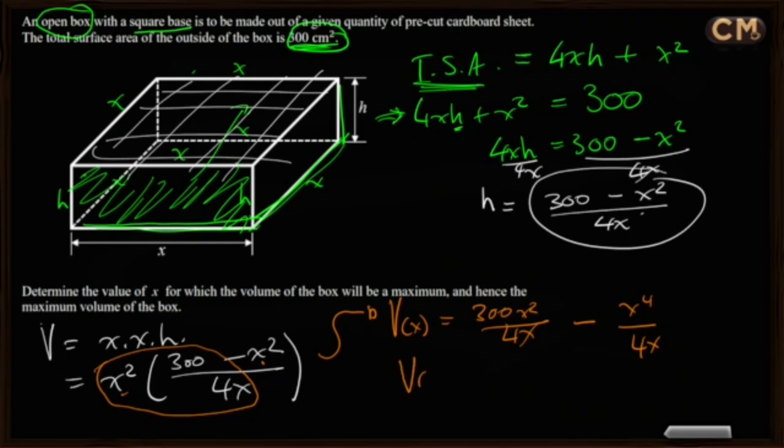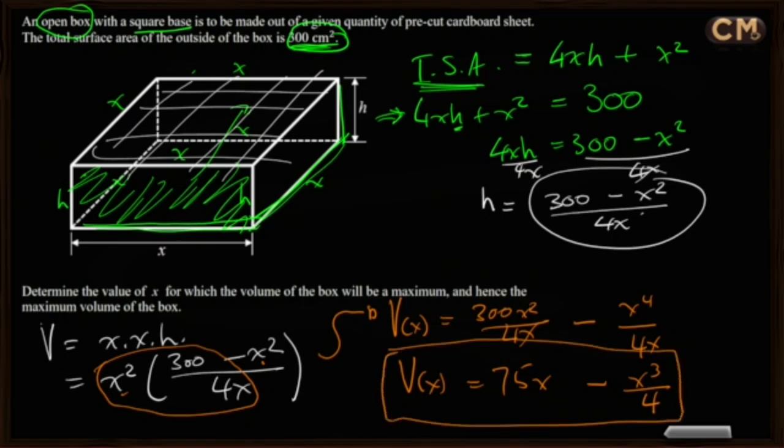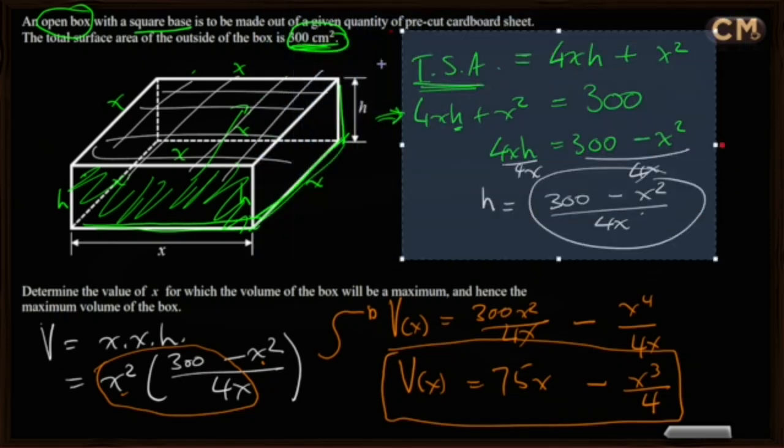Simplifying this, the volume with respect to x is just 300 divided by 4, which gives us 75x minus x cubed over 4. So that part is not just highly relevant, it's what we need to maximize.